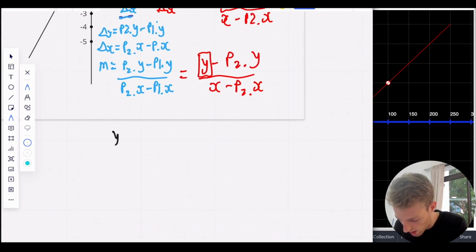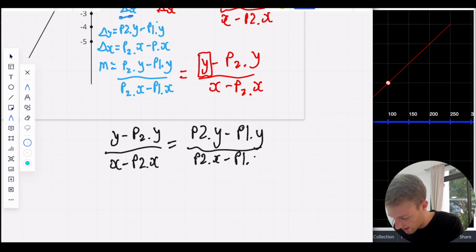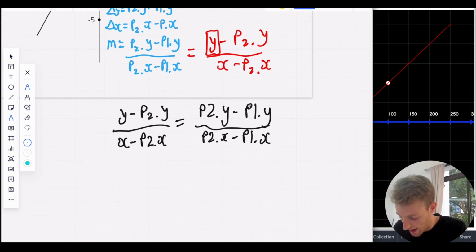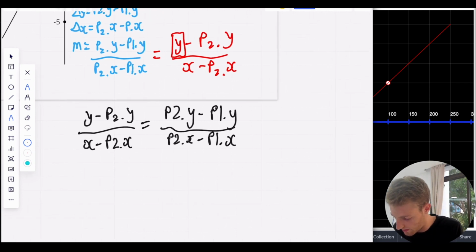So we have y minus p2.y over x minus p2.x is equal to p2.y minus p1.y over p2.x minus p1.x. What could make this easier is if I just simply call this m, so we're dealing with far fewer symbols.